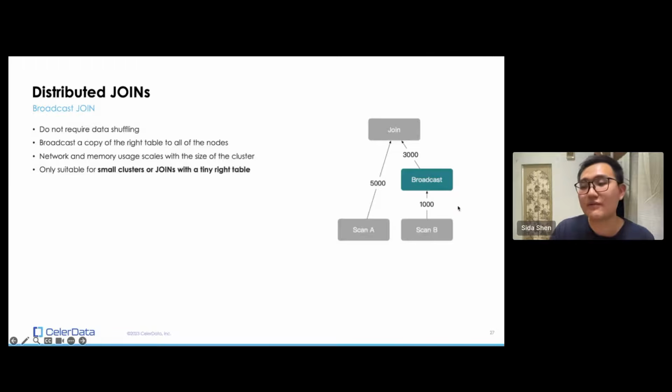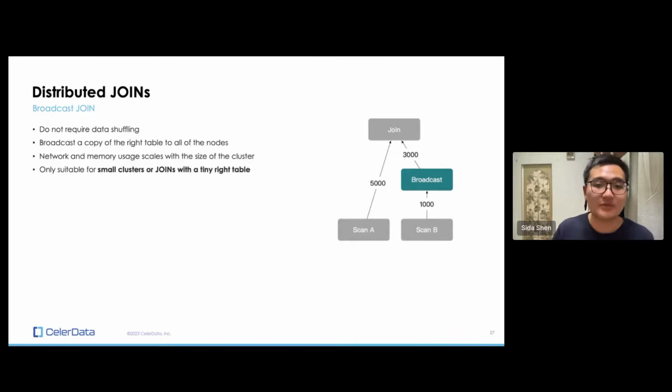So let's say we have 3 nodes, and the right table is 1,000 rows. The network overhead is actually 3,000. It scales not only with the size of your data, but also with the size of your cluster. That's very expensive. And the right table needs to fit into every single one of your worker nodes, or else it's not going to work.